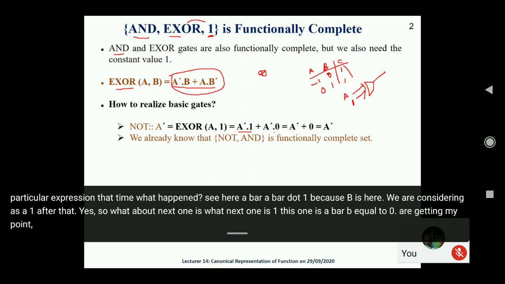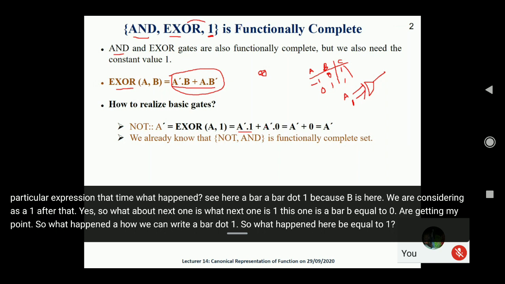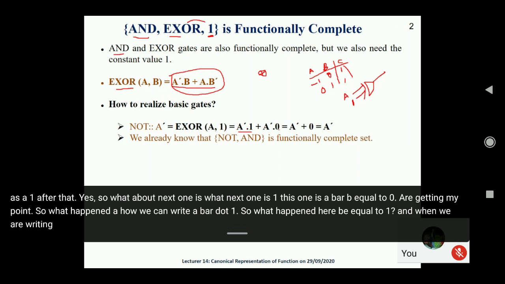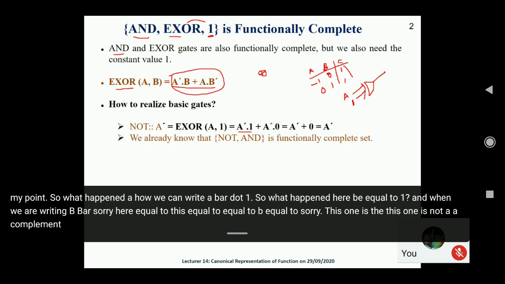So how can we write A bar dot 1? B equal to 1. Sorry, this one is not a complement. Suppose this one is A. Here there is some mistake. You don't consider it as the complement.